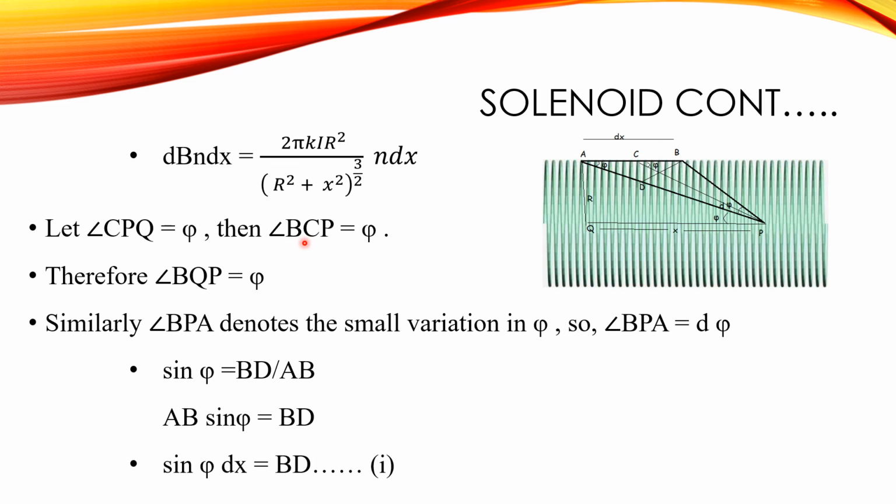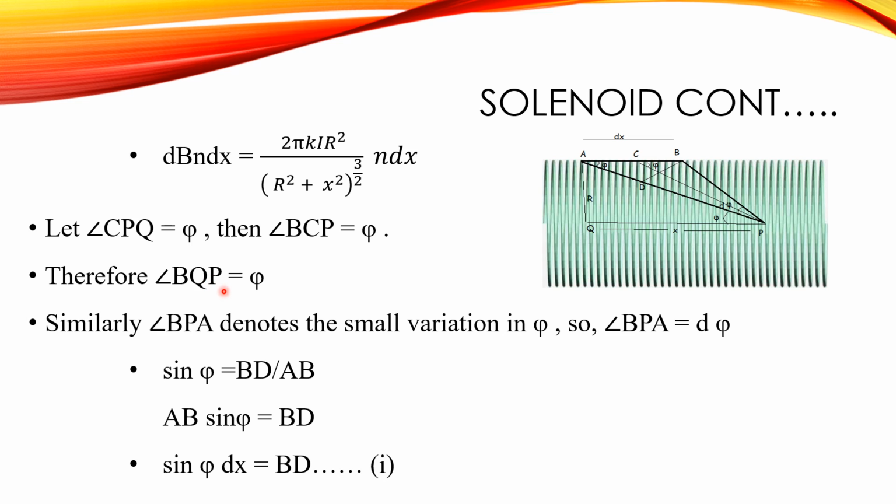Then BCP will be represented by phi. Therefore, BQP, if we join this, will again come out to be phi.